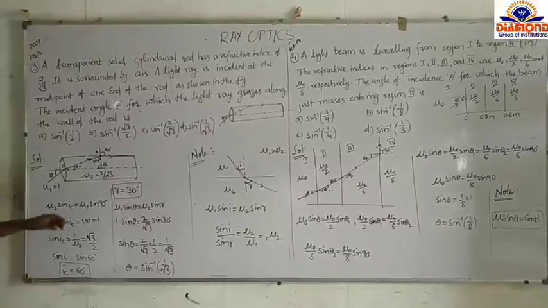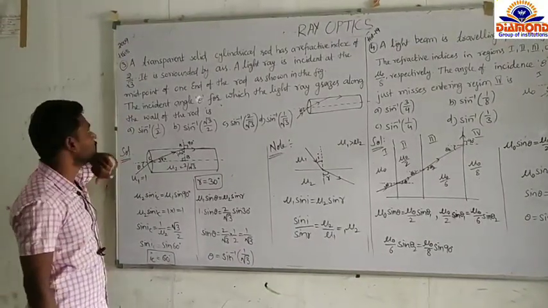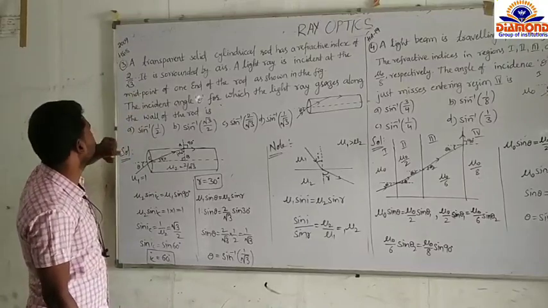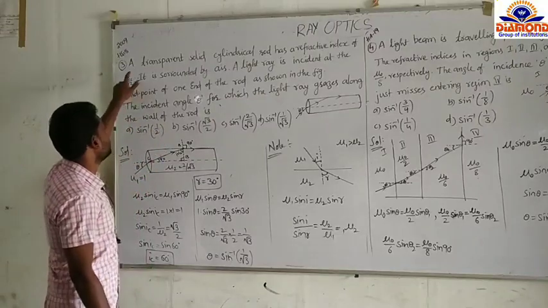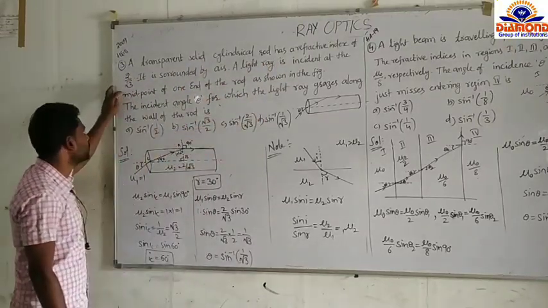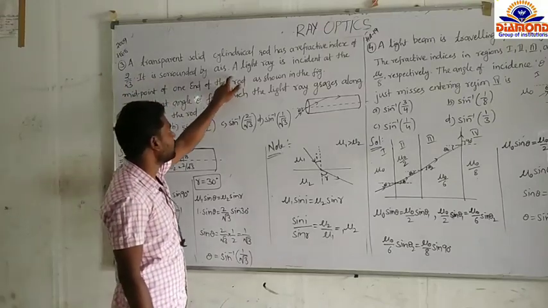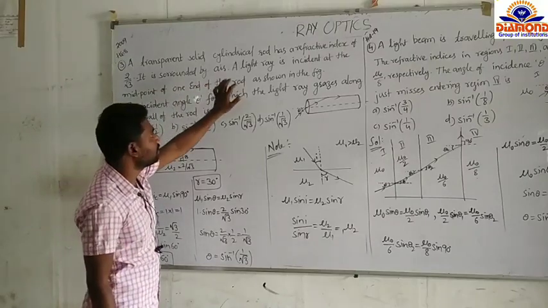The next problem is, this question is in your home assignment, 8th question, and one time in the 2009 medical exam they asked this question. The question is: a transparent solid cylindrical rod has a refractive index of 2 by root 3. It is surrounded by air. A light ray is incident at the midpoint of one end of the rod as shown in the figure.